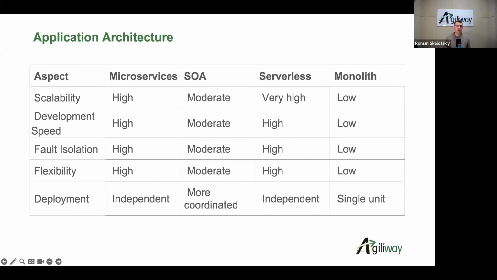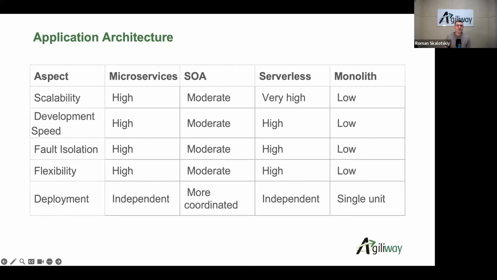And serverless high, because of the fast development for simpler functions. And monolithic low, changes require redeployment of the entire application. That's the reason.